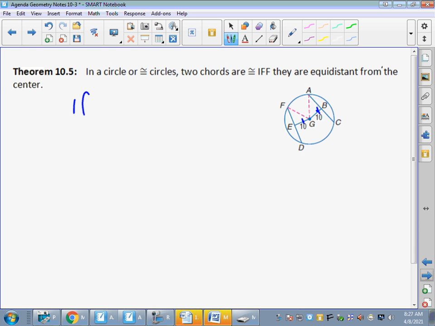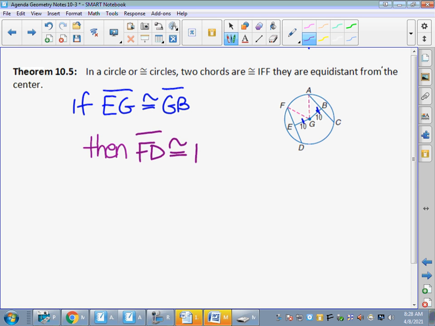Maybe they'll mark them as congruent segments with the dashes, maybe they'll mark them as 10 and 10, whatever it might be. But if those two segments are equidistant, the same distance from the center G, so they are congruent, then we can say that the two chords FD and AB are congruent.